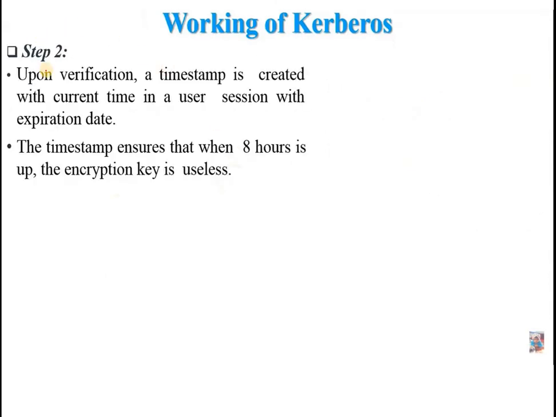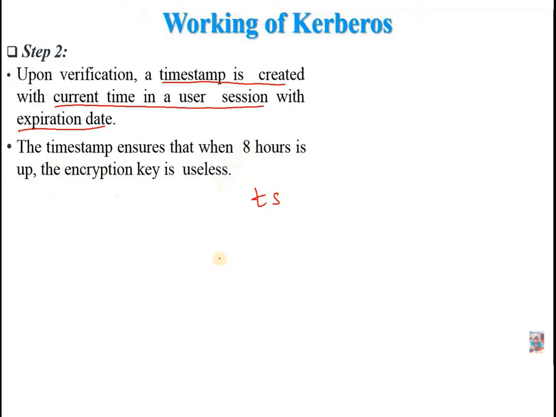In the second step, upon verification, a timestamp is created with the current time in the user session, along with the expiration date. So once the server verifies the user ID of the client, it generates the timestamp.